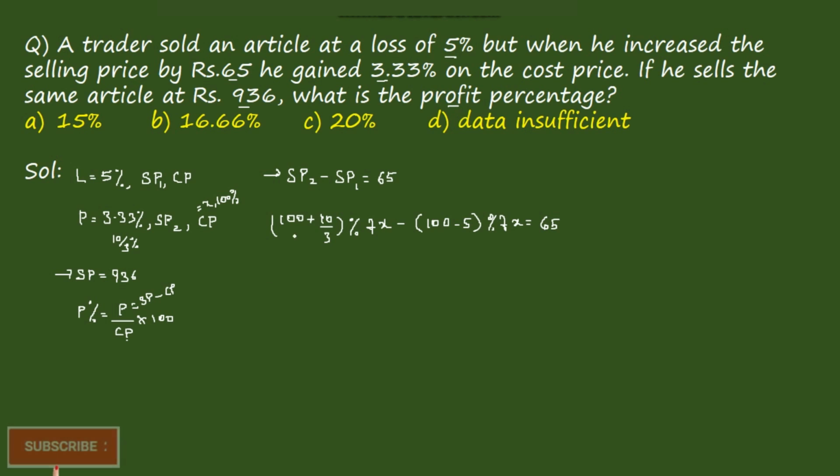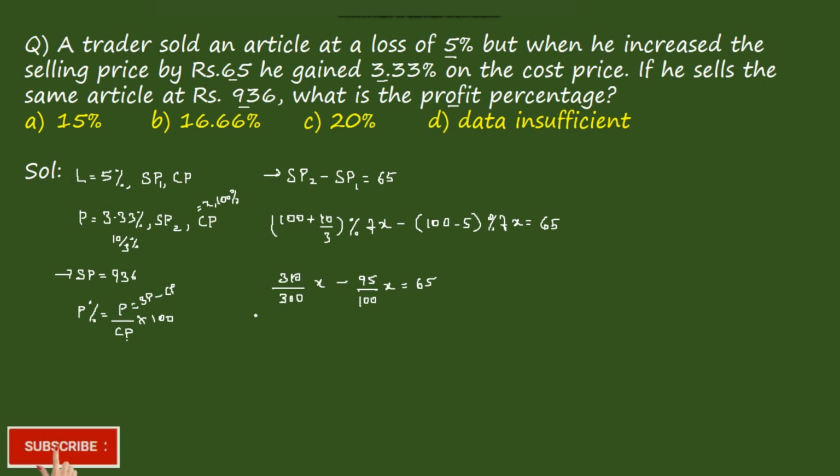So just substitute it. If you consider the LCM, it becomes 100 by 100, right? So it becomes 310 by 300 of X, minus 95 by 100 X is equal to nothing but 65, right?